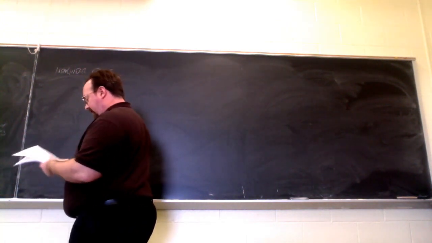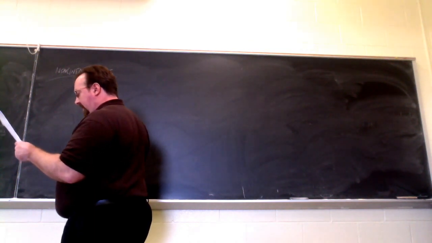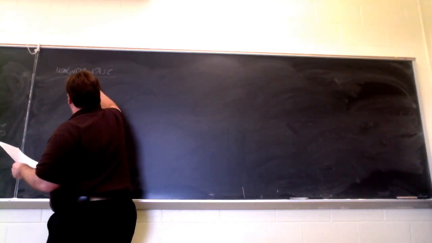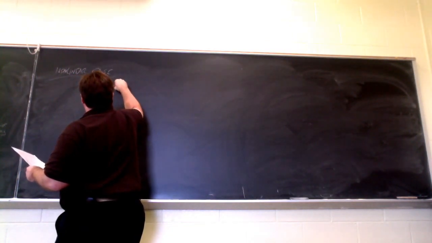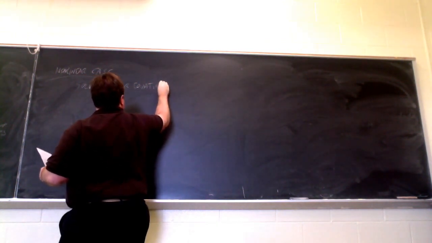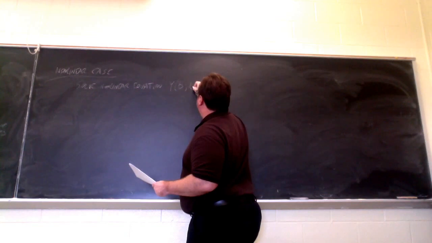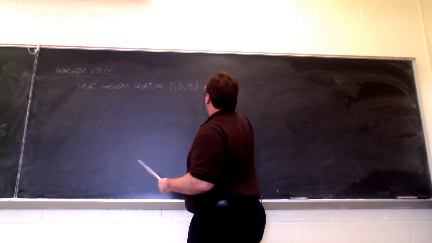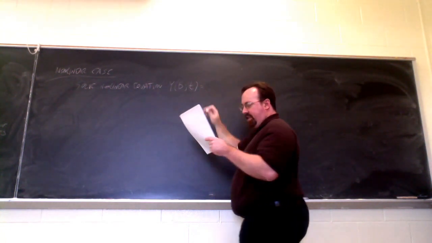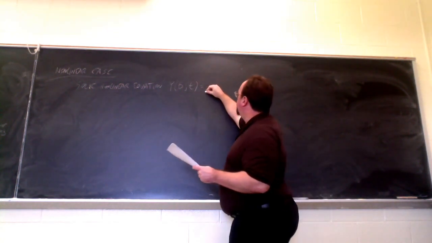All right, so for the nonlinear case, we need to solve a nonlinear equation: y of b, with the slope t as a parameter, equals beta.